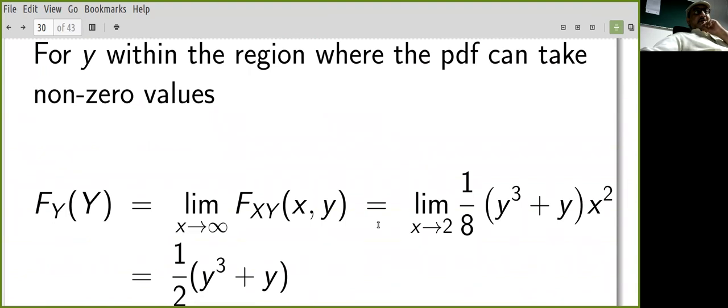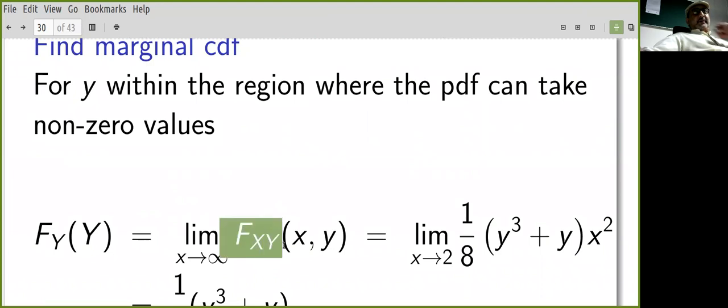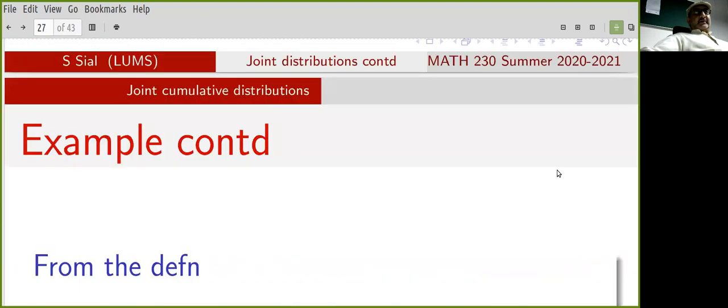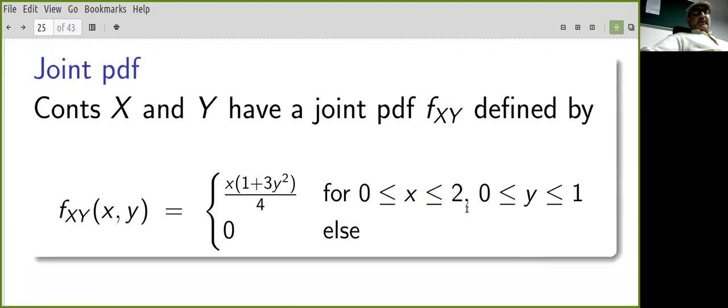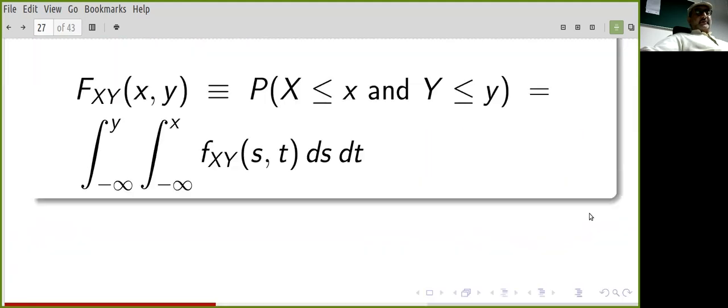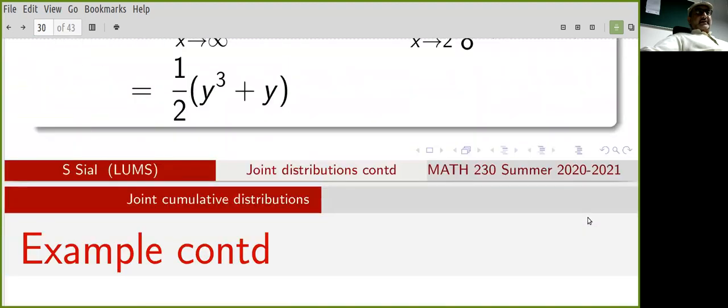And if you have F_XY and you want to get F_Y from it, you take the limit as x goes to infinity of F_XY. But going back to the definition, once x gets bigger than 2, everything drops off to 0. So you only take it as far as the point where things would drop to 0, and that is x equals 2.